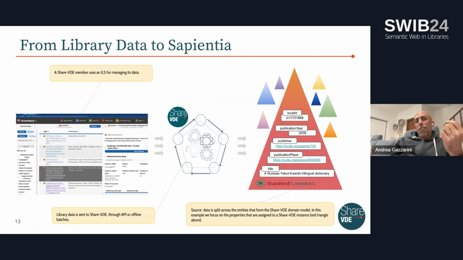So what happens if another participant provides a different bibliographic record for the same book, for example? Probably there will be a lot of intersections. And do we discard that data? No, absolutely. Because in the same way, the new bibliographic records will create other triangles.